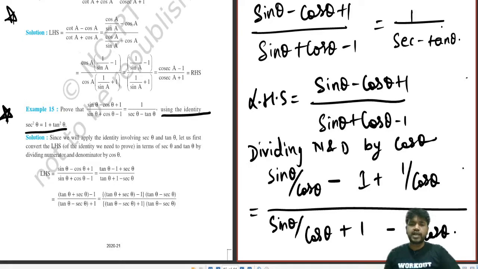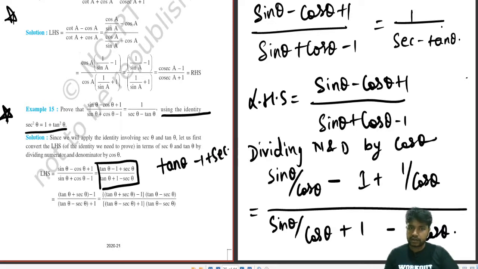Till this part you would be clear with it. Obviously I would be writing like this over here, so I will not waste a line. That will count to sin theta by cos theta is tan theta: (tan theta minus 1 plus sec theta) divided by (tan theta plus 1 minus sec theta). We have done till here. Till here, this is very important.